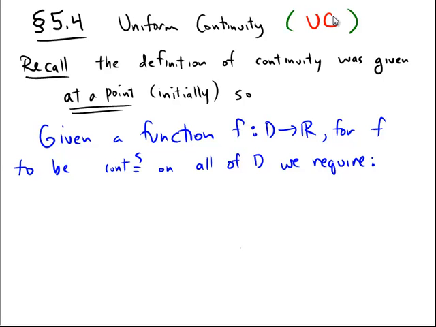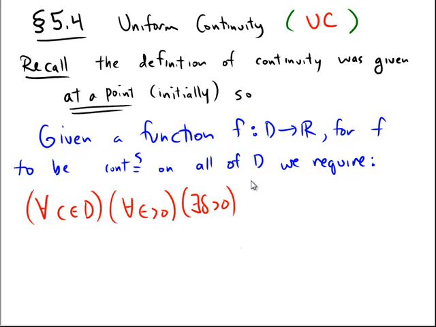Our very initial definition was how to represent that a function was continuous at a point C. So, given a function f going from some domain D to the real numbers, for f to be continuous on all of the domain D, we required that for all C in the domain and for all epsilon greater than 0, there was a delta greater than 0, such that if x is in the domain and the distance from x to C is less than delta, then together these imply that the distance of f of x from f of C is less than epsilon.